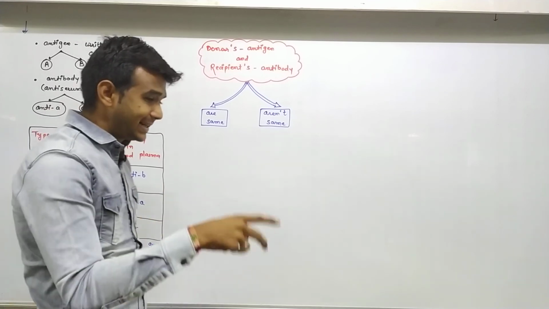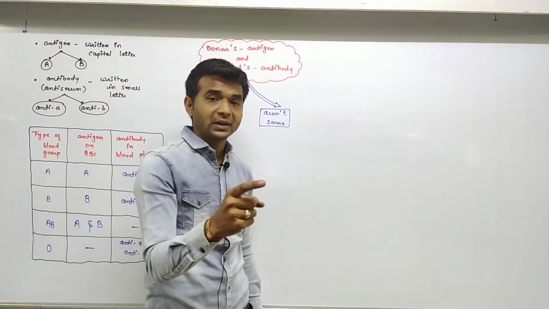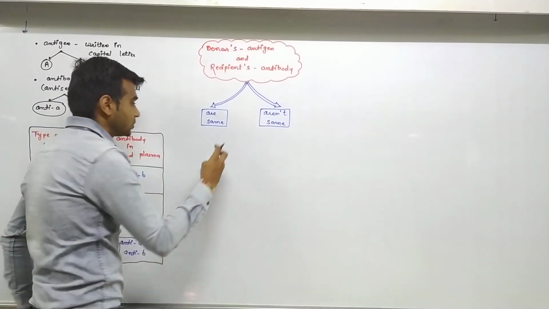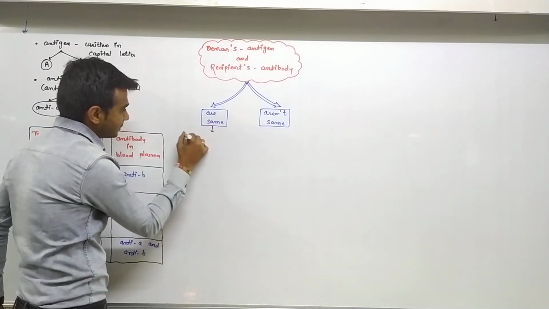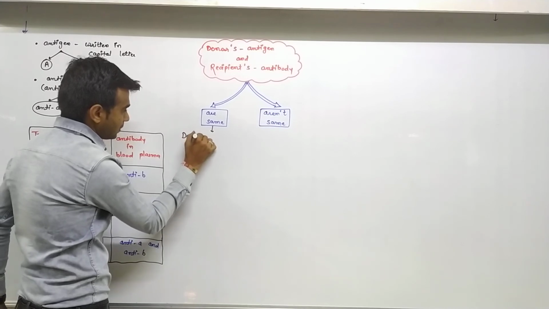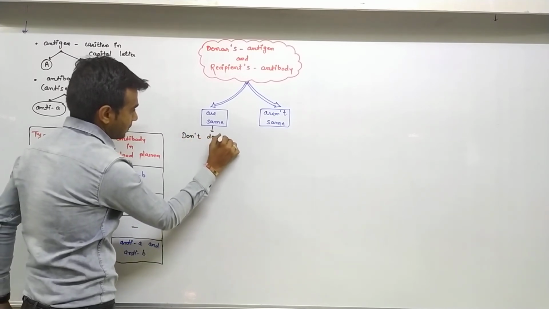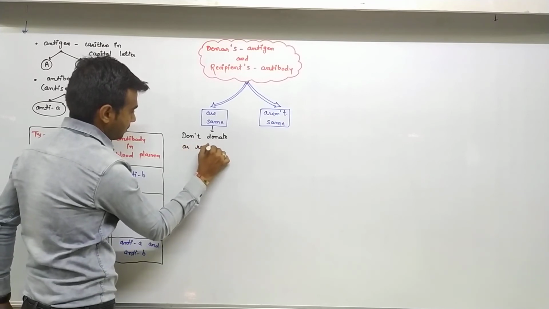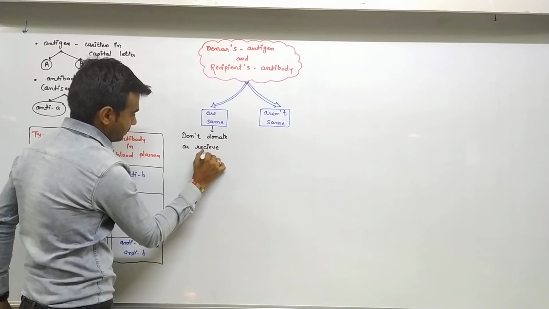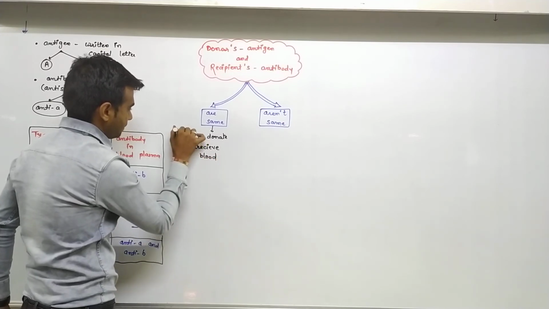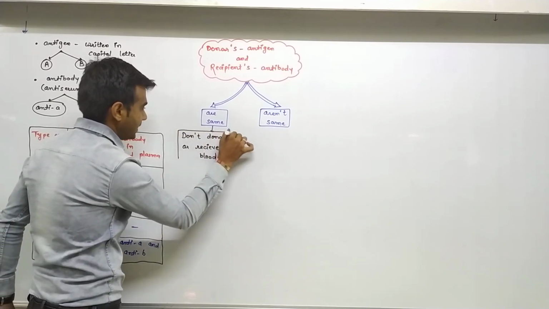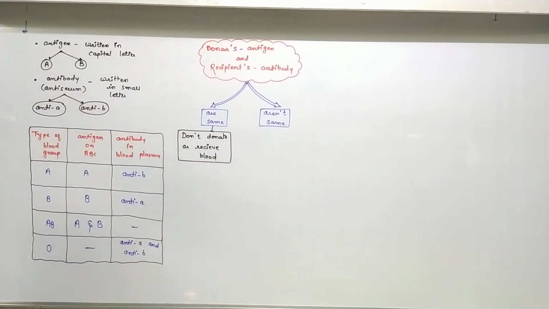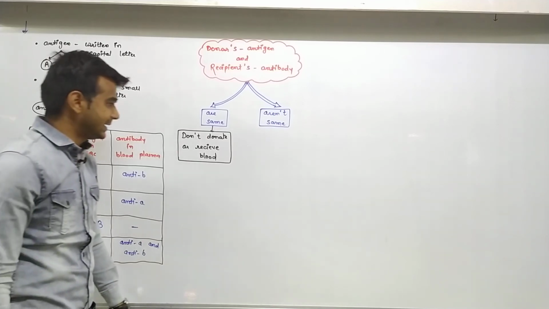Donor's antigen and recipient's antibody. If both are same, then clotting of blood. So the clue is there: do not donate or do not receive the blood.